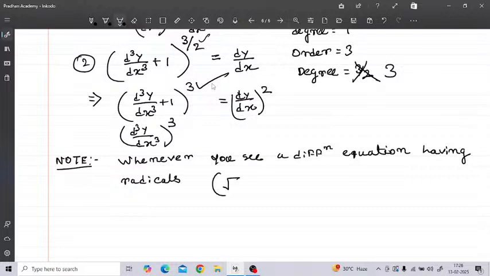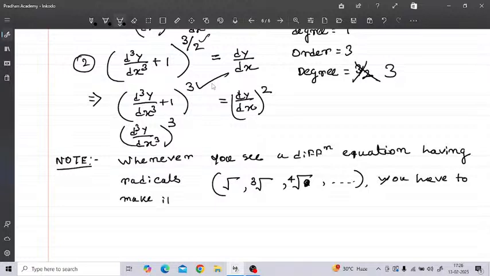Like square root, cube roots, fourth root, and so on. You have to make it radical free at first to get the degree. Make it radical free to get the degree.